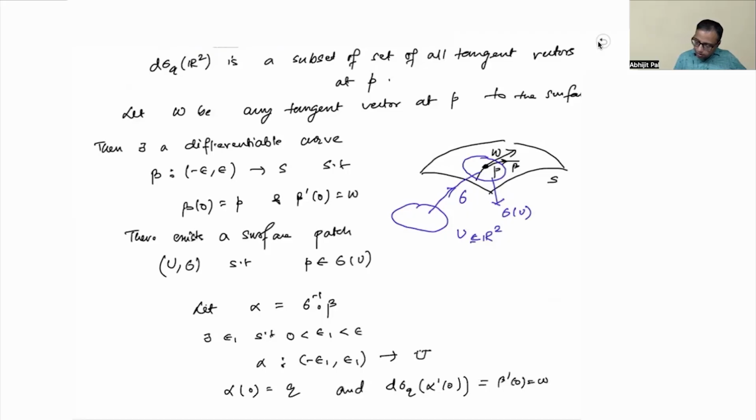And so note that this sigma inverse is differentiable, in the sense that we have done in the earlier class. So I can get an open neighborhood of this P in R3.